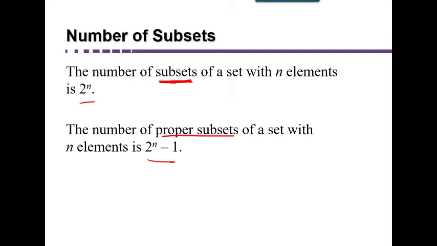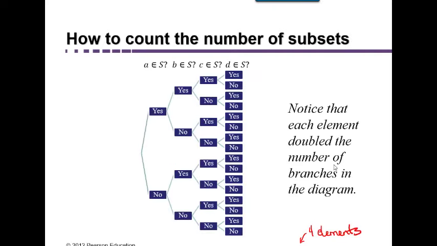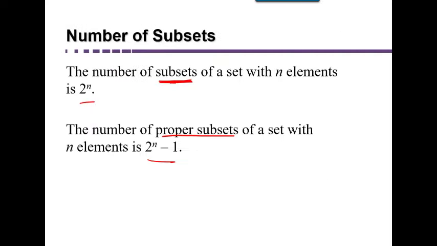If you're asked to list all the subsets of a set, you need to make this tree diagram. But as we've observed here, there's a pattern which doesn't depend on what the elements actually are, that tells us how many subsets there are of a certain size set. The formula is that the number of subsets of a set with n elements is always 2 to the n power.